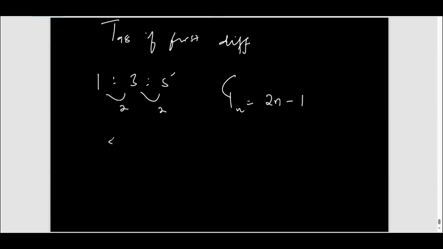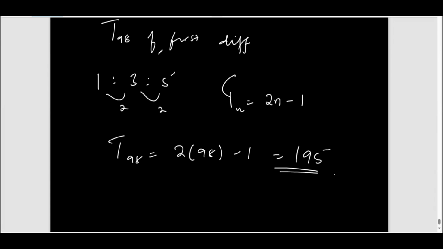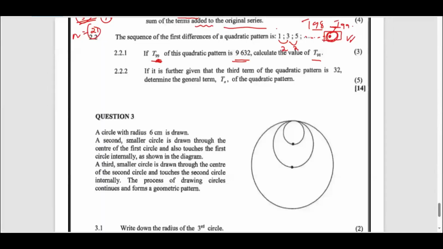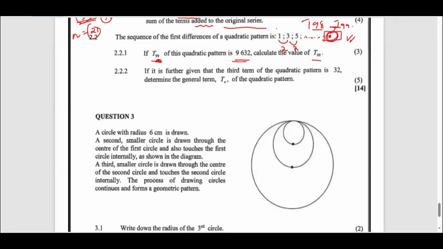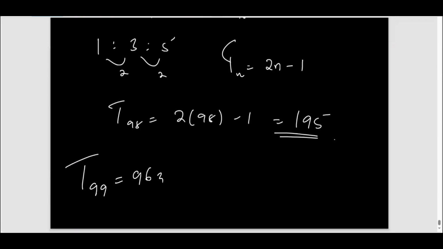Then I'm looking for T98. It's going to be 2 times 98 minus 1. Okay, so 2 times 98 minus 1 gives me 195, which is positive, okay? Then we've been given T99, that's 9632.